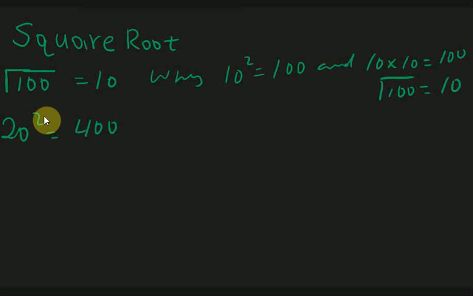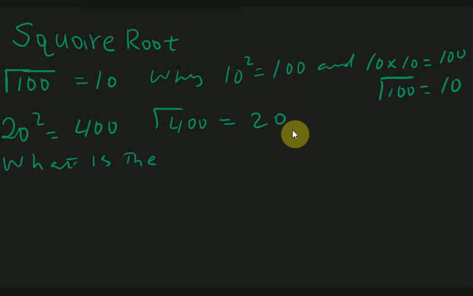So if I take the square root of 400, I get the 20 back. Why? Because 20 times 20 gives you 400. So any number you multiply by itself, if you take the square root, you go back to the original number before you squared it.